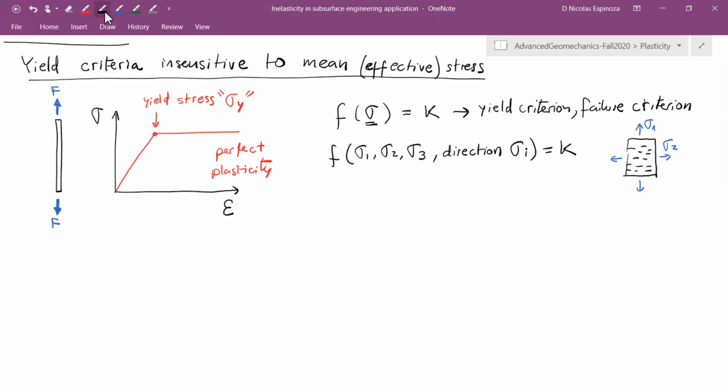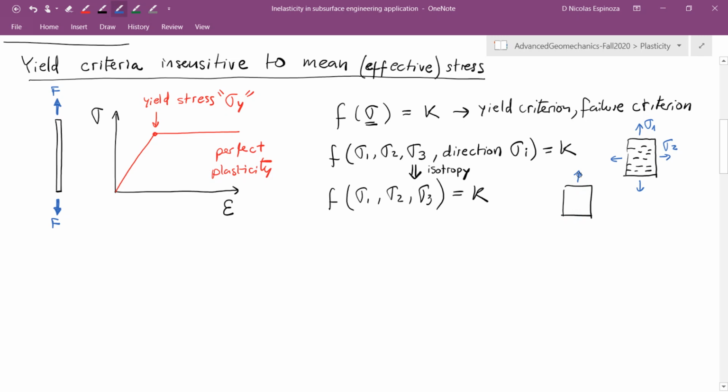However, we can simplify this for isotropic materials and just write the yield criterion as a function of the principal stresses. But it is very important that you know that when you go from here to there, implicitly you assume isotropy, which is that the yield stress is going to be the same in all directions.